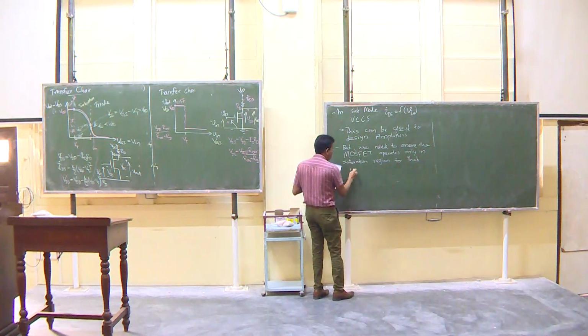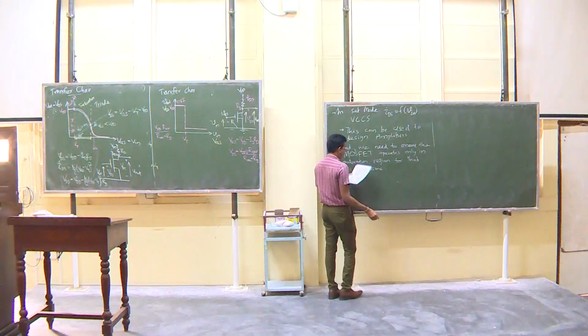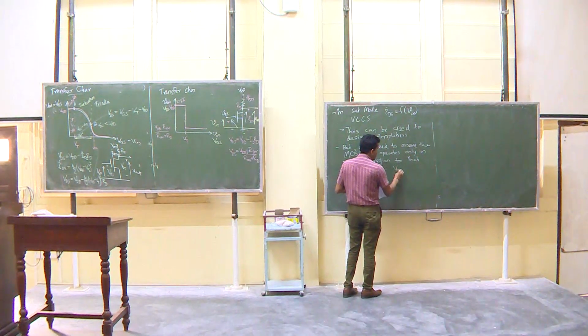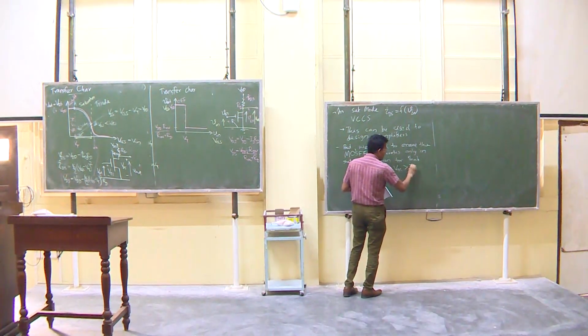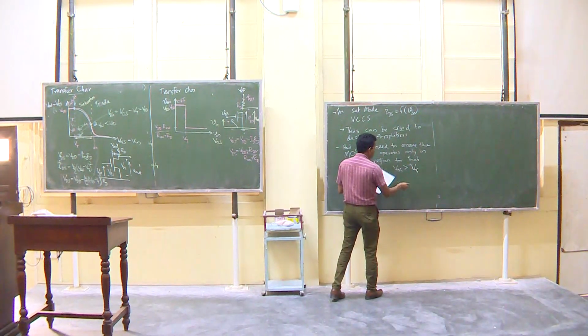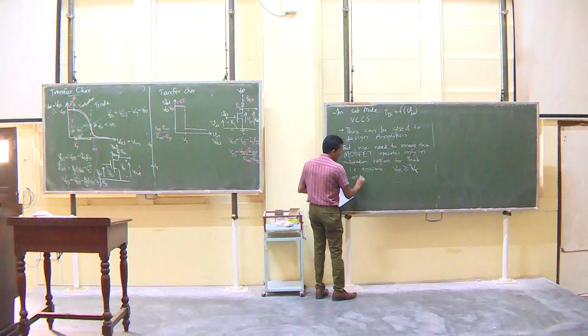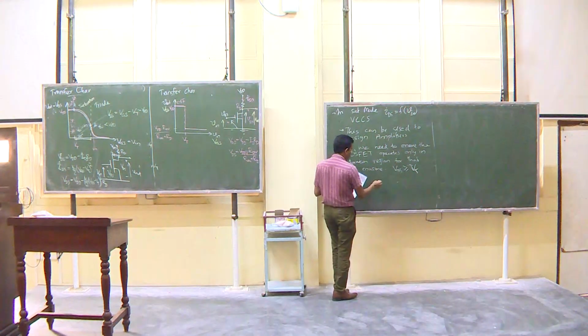In other words, ensure it is not cut off, VGS is greater than or equal to VT, and that it does not go into triode.